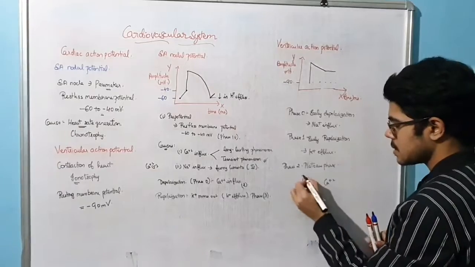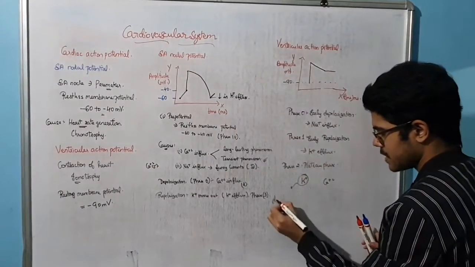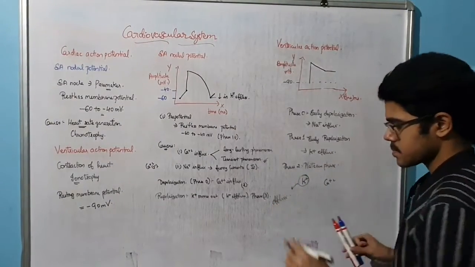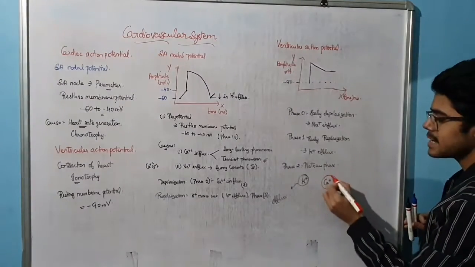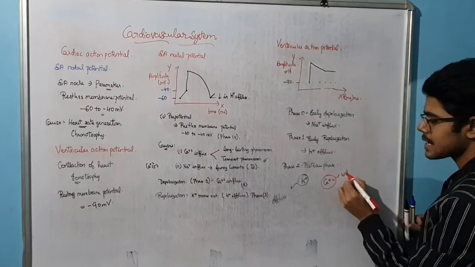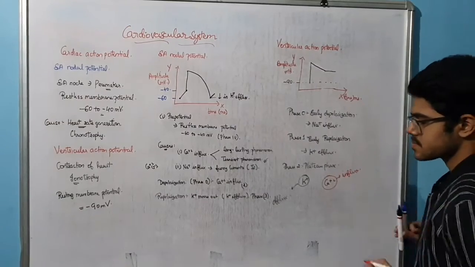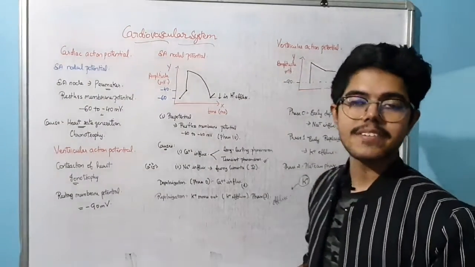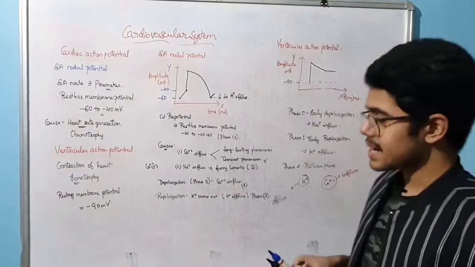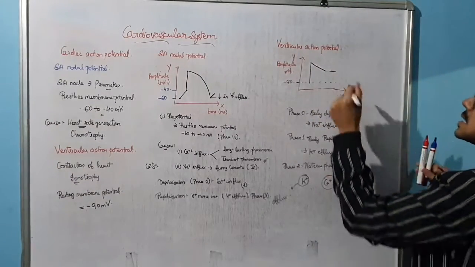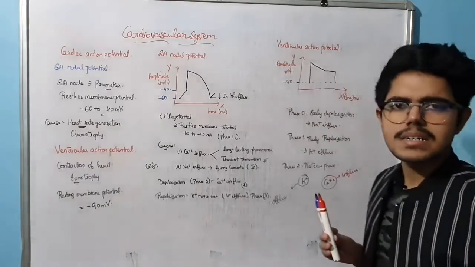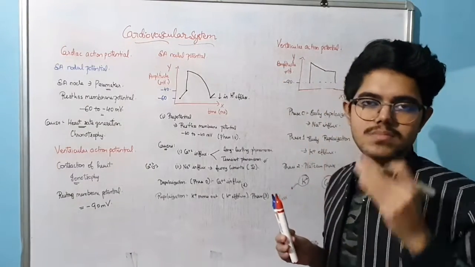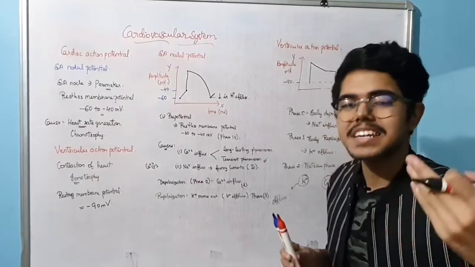There will be potassium efflux, as you all know, and also there will be calcium influx. Calcium is coming into action. Next, what really happens? There will be steady repolarization again, which we call late repolarization.